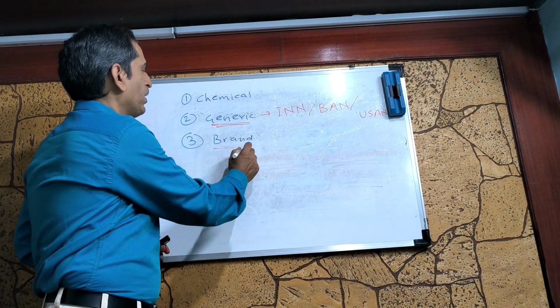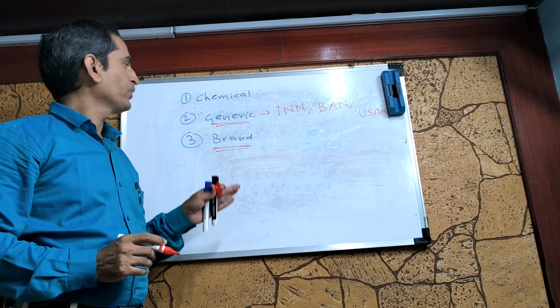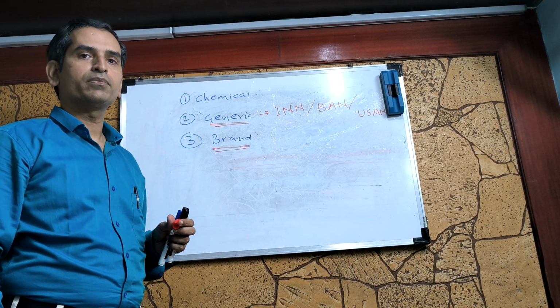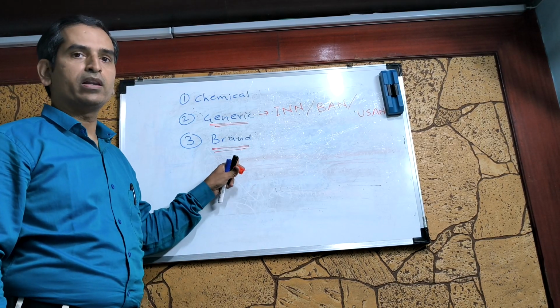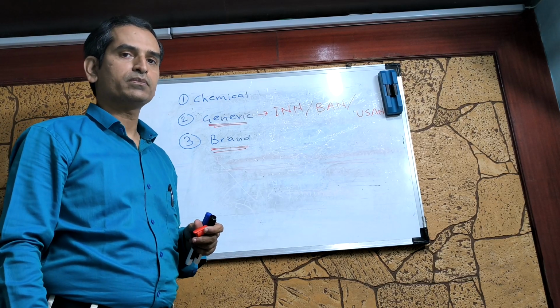When the product is marketed, the pharmaceutical company which is marketing this product gives a name, and that name is called the brand name. Brand name is also called the proprietary name, and the generic name is called the non-proprietary name.